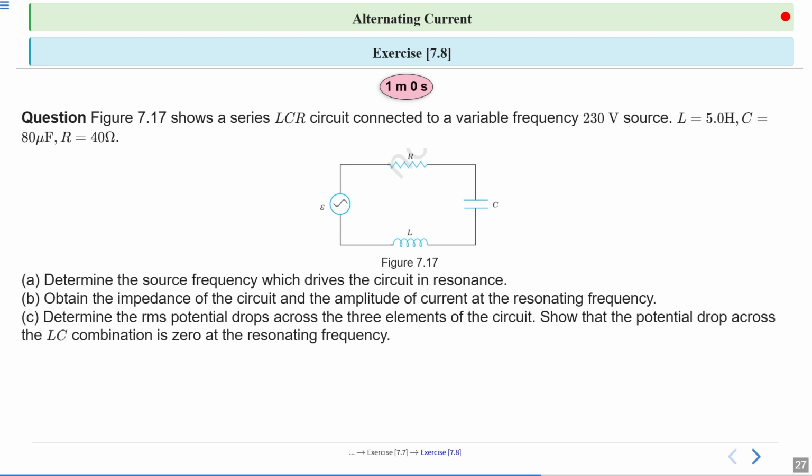So the effective potential drop across the LC combination, L and C, not the resistor, will be 0 at resonant frequency. Only the potential drop across the resistor exists in the case of resonance. So you have to determine it or prove it. I will give you some time to think about it.